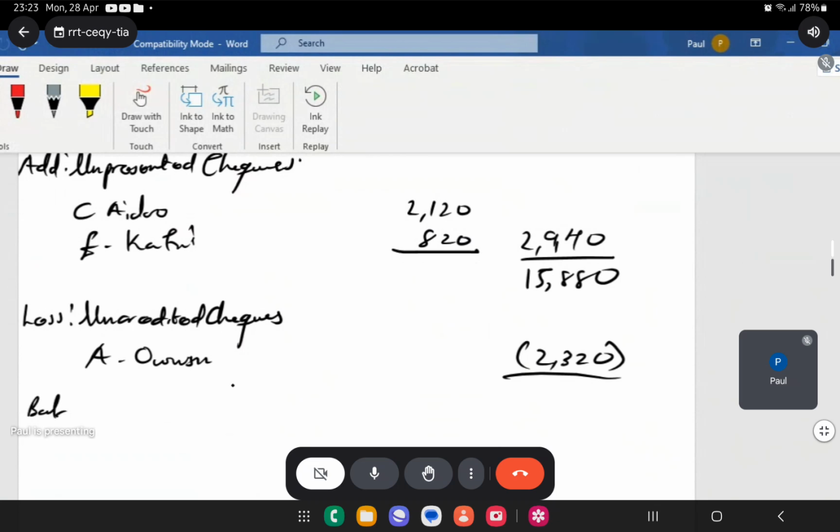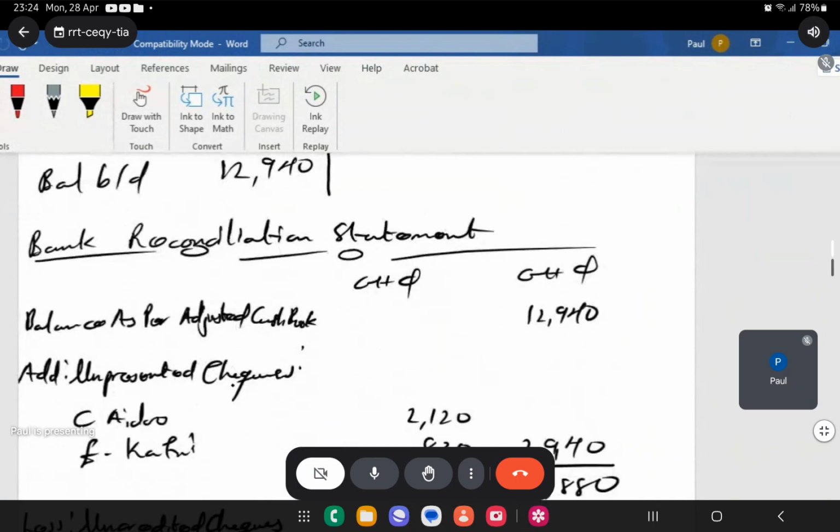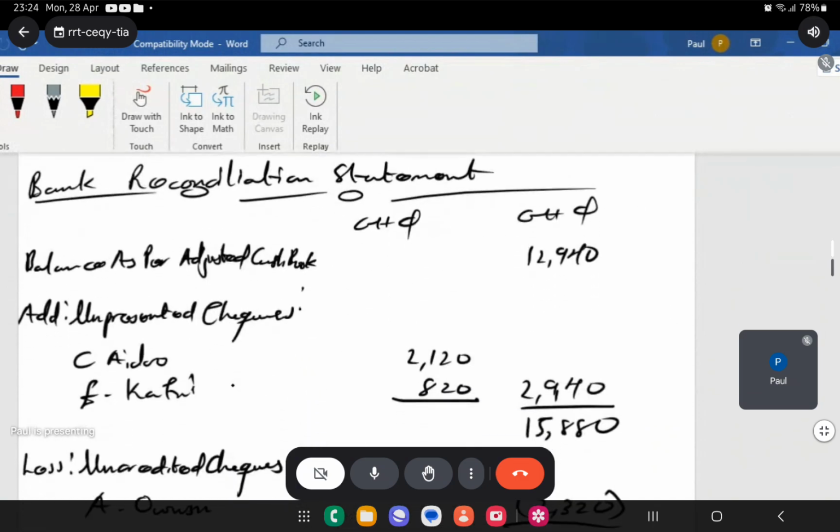That should be equal to the balance as per the bank statement. That's 13,560, and that's what I'm getting as the balance as per bank statement.